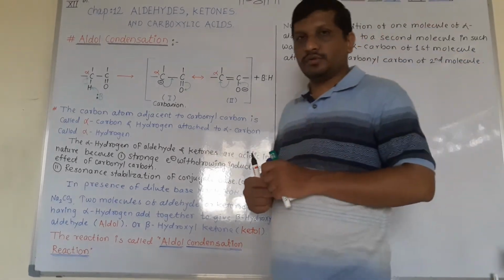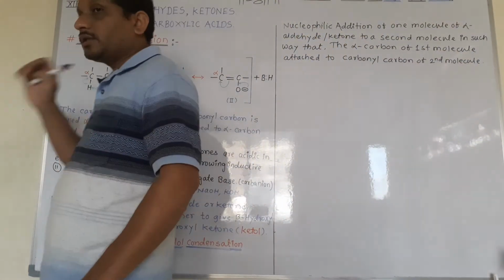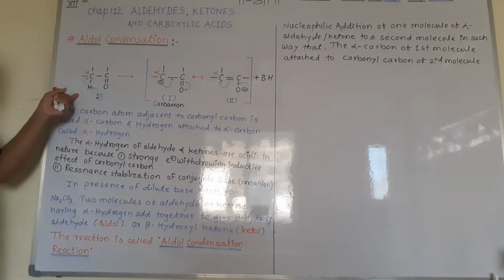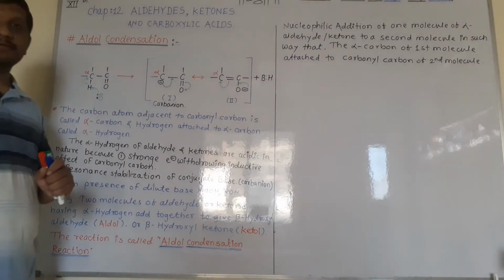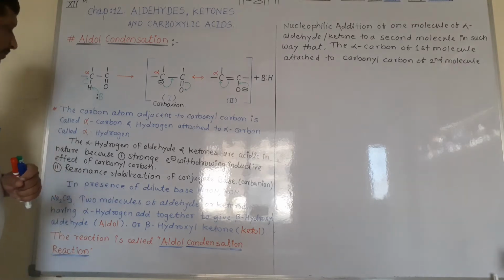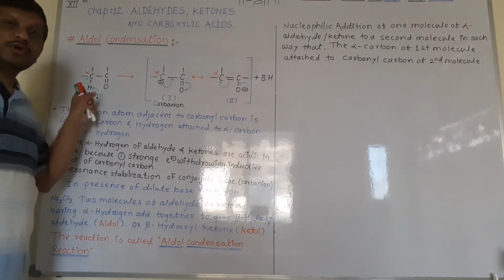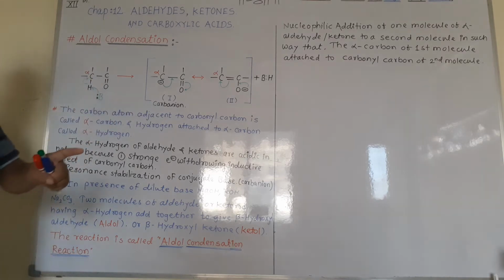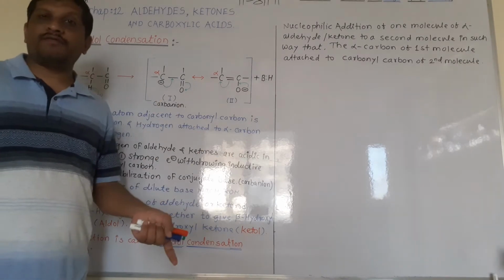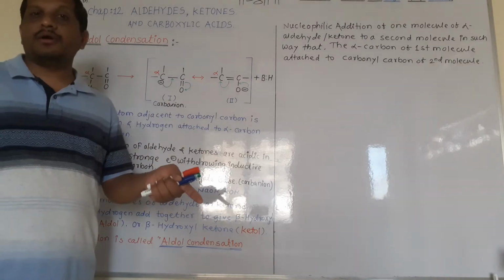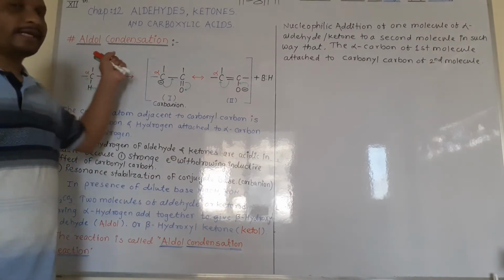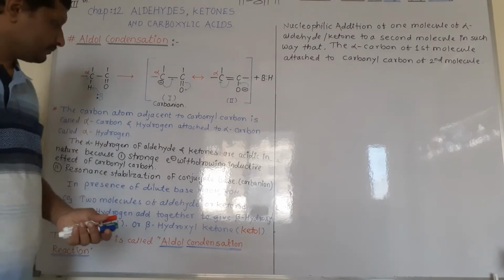Previously we also showed the alpha hydrogen of the aldehydic group which creates the nucleophile, and this nucleophilic compound directly attacks another aldehydic carbonyl carbon or ketonic carbonyl carbon to form the aldol condensation product.